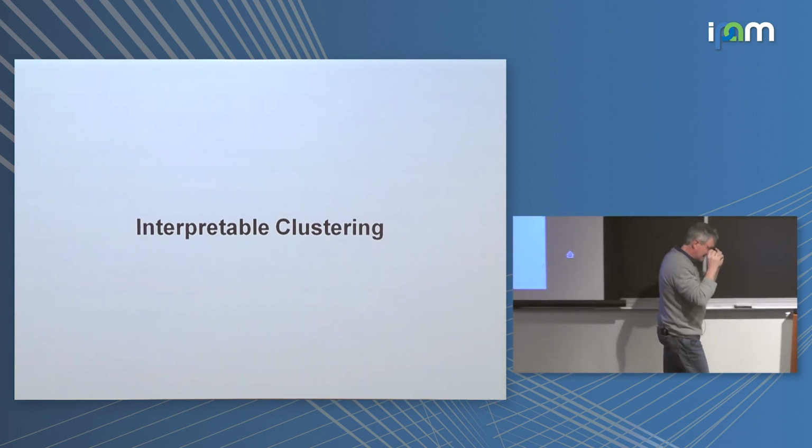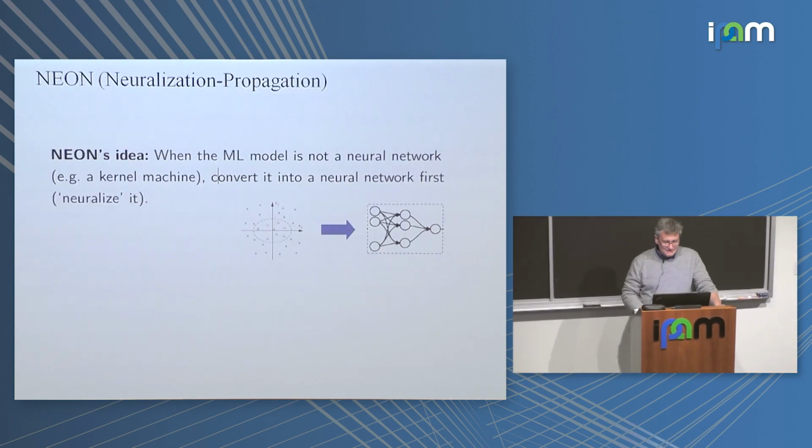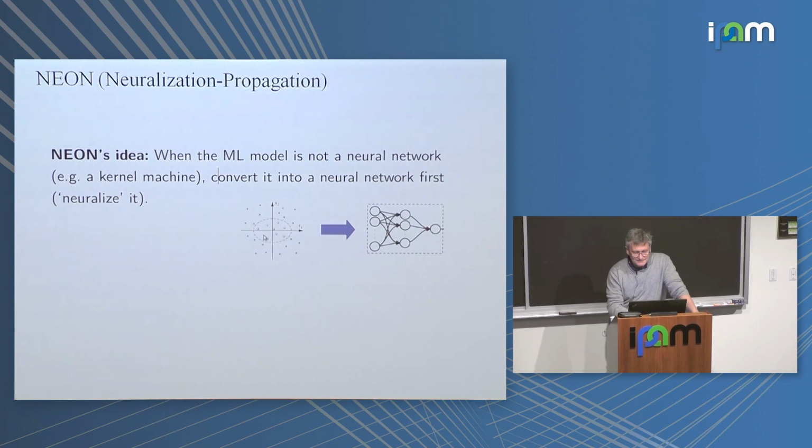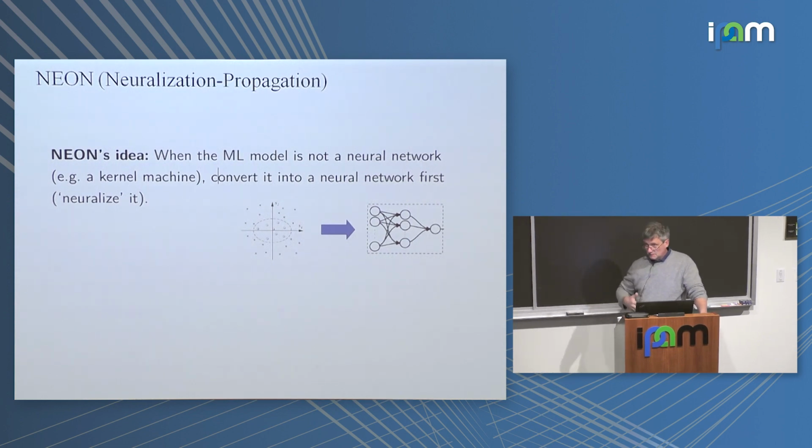And so the idea here is that if you take any kind of algorithm and you convert it to a neural network, you can do this for one class, you can do this for clustering.